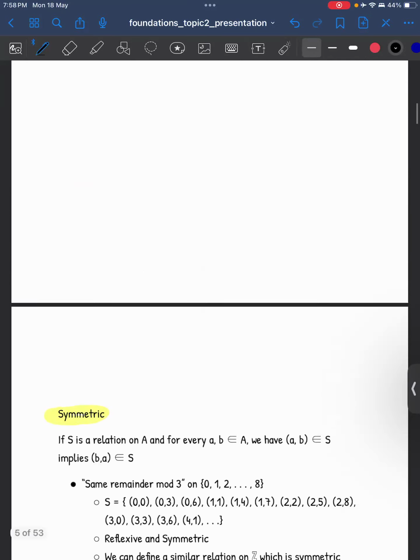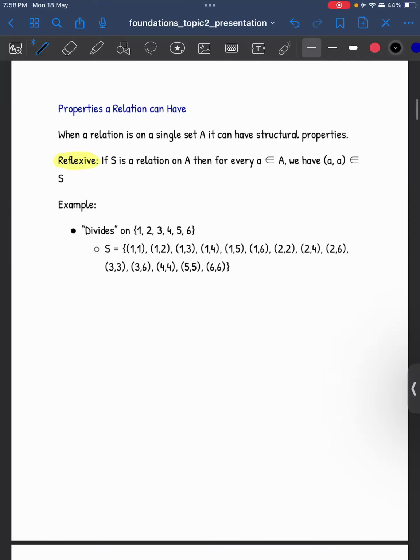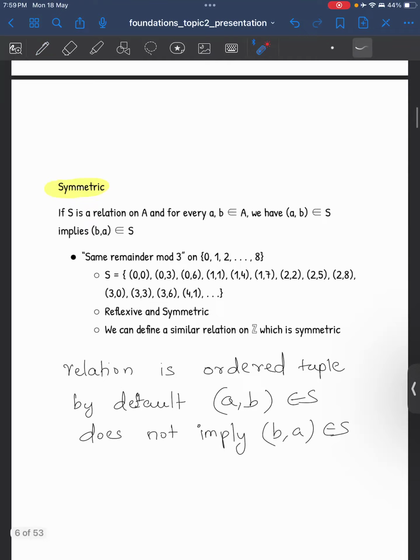In the previous example, you can see that (1, 3) was in this relation, but (3, 1) is not in this relation. But the example that we have here, same remainder mod 3, we can quickly check that this is a symmetric relation, because, for example, if (0, 3) is there, 0 and 3 mod 3 have the same remainder. So 3 mod 3 is basically 0.